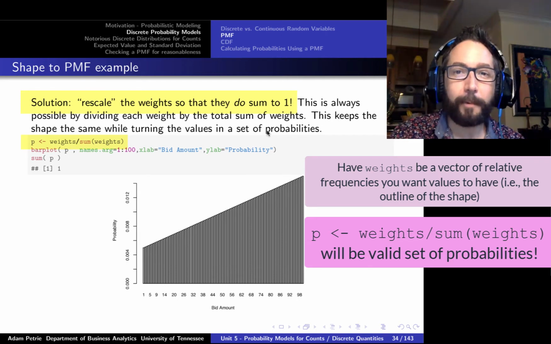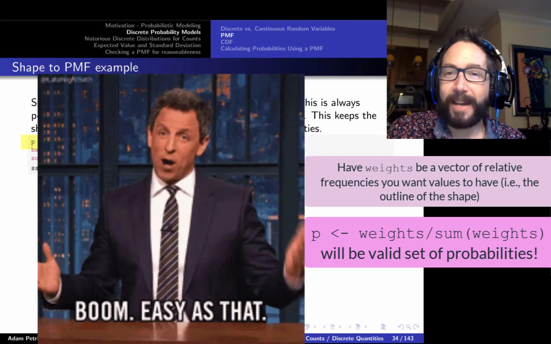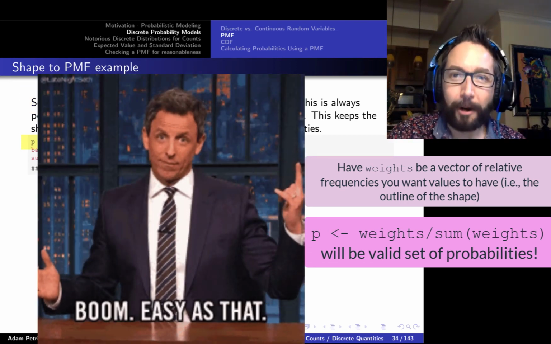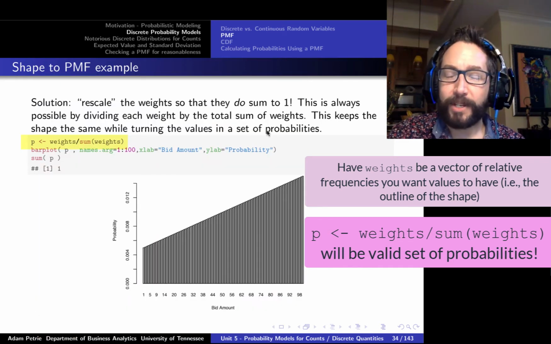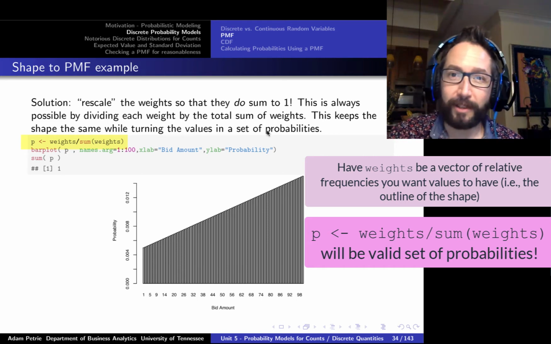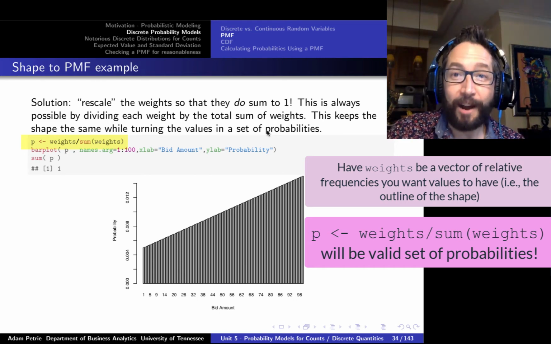So weights over sum of weights is always going to give a vector whose elements sum to 1, and it's as easy as that. Making a bar plot now of the elements in p, we see we still have the same old shape. The probability of observing 100 is 3 times larger than the probability of observing a 1, but now the sum over all those probabilities exactly equals 1.